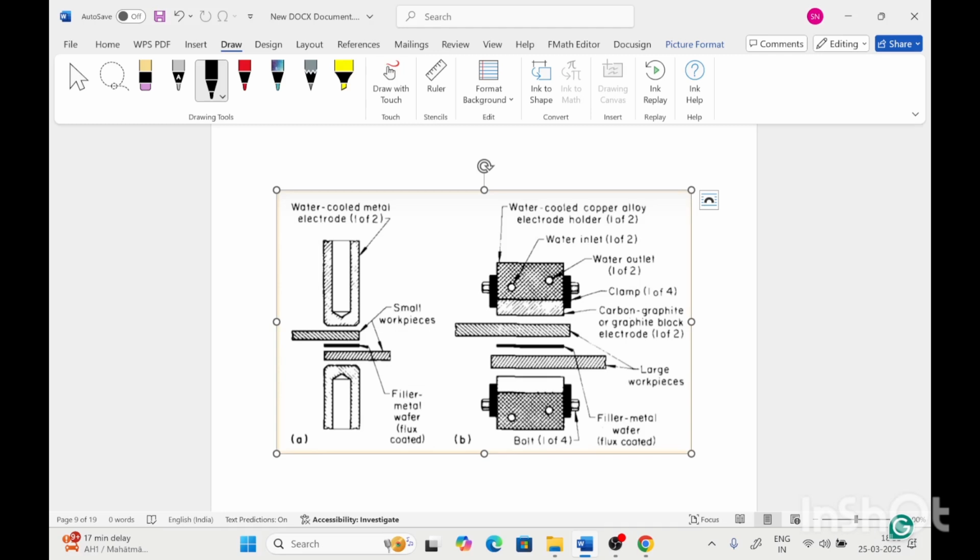This filler material has low thermal conductivity and low melting point. By introducing this flux coated filler metal wafer, it leads to a good welding joint between the base plates, and this also leads to a uniform complete welding joint with the base metal sheets.